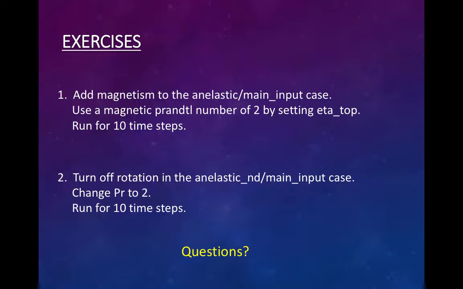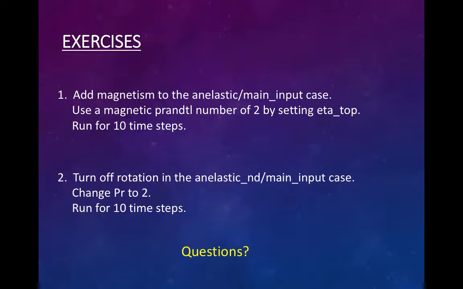Then for the non-dimensional anelastic case, change your Prandtl number to 2 and run for 10 time steps. This is actually kind of important because since we do just have 20 minutes, we're going to go ahead and talk about ensemble mode. So you want to make sure all 3 of these are actually running for you without crashing. And the ensemble mode portion will go pretty quickly. So if you want to just follow along with me, you can.